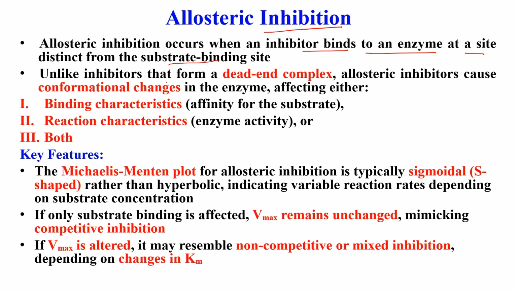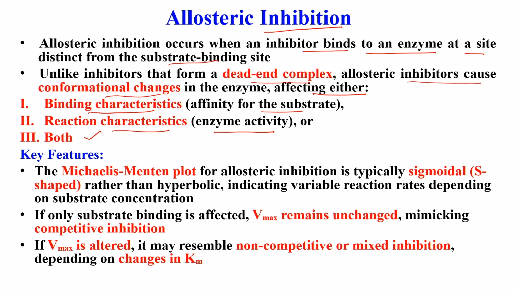So, unlike inhibitors that form a dead end complex, allosteric inhibition causes conformational changes in the enzyme, and when there are conformational changes, it affects the binding characteristics or affinity for the substrate, it affects reaction characteristics, the enzyme activity, or it may affect both affinity as well as the activity.